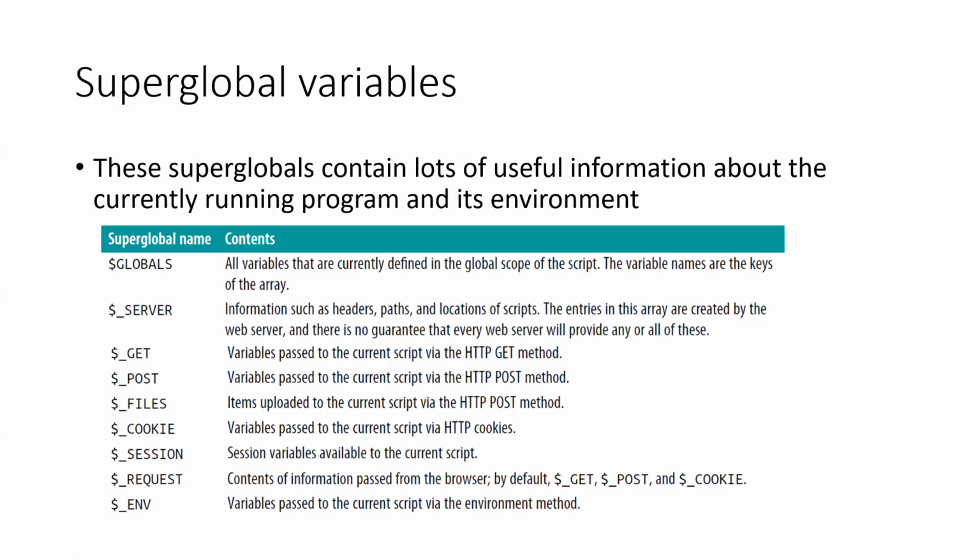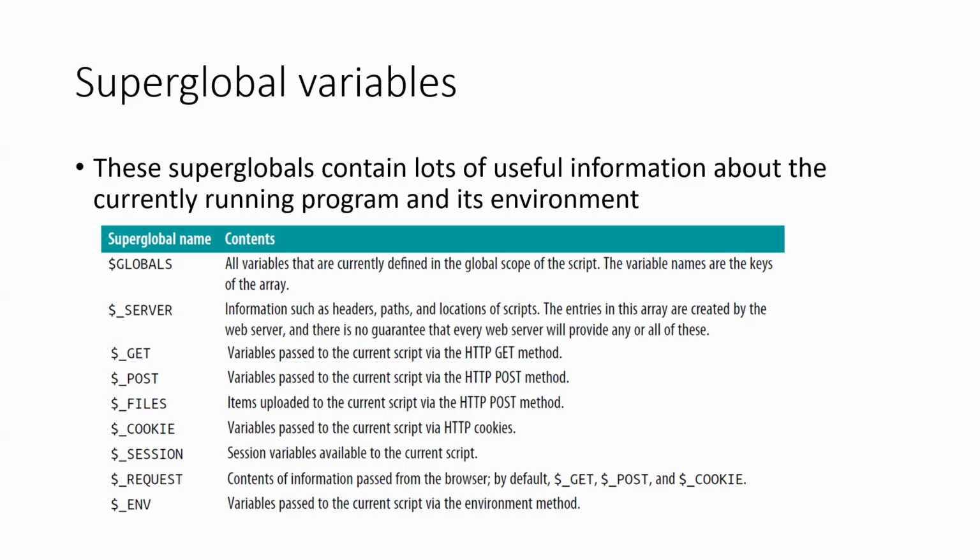Then sometimes when we work with PHP or process PHP, we use what we call super global variables to get a lot of information. For example, you can have variables called global and server, get and post, which I will discuss, because when it comes to form handling, we discuss get and post in detail, where you can send and receive using both get and post methods.